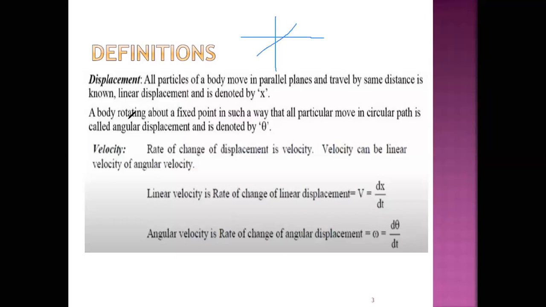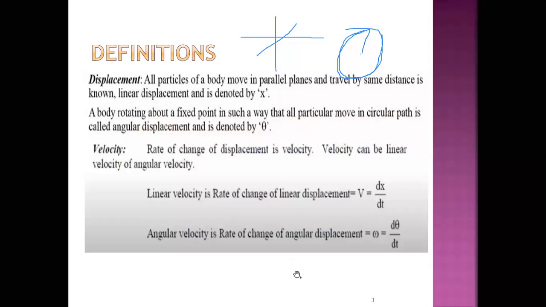That is known as linear displacement. Suppose you take a body which rotates about a fixed point. Suppose you take a circle and this is the fixed point. With respect to the fixed point, the particle rotates through an angle. That is known as angular displacement. The body rotates about a fixed point in such a way that all particles move in a circular path, which is called angular displacement, denoted by theta.